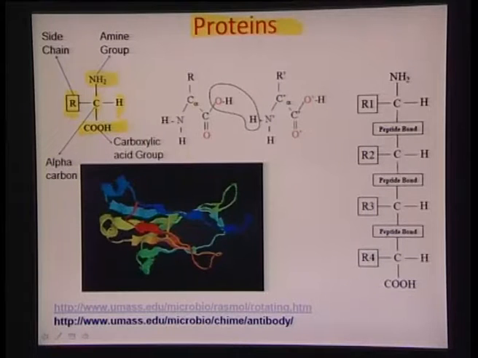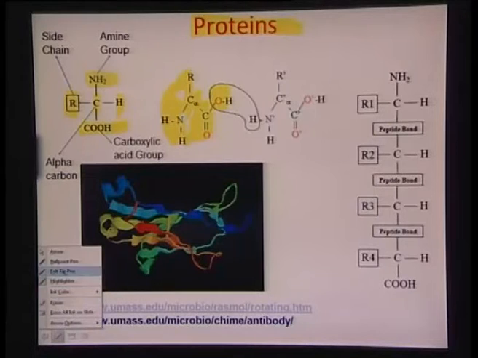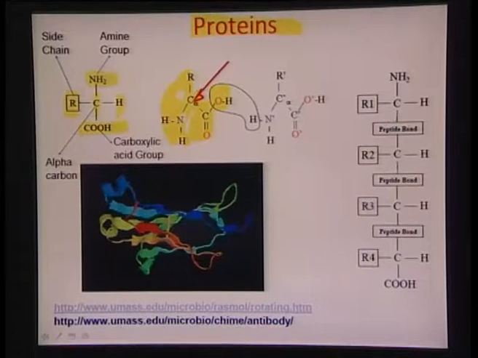Now, the way that these amino acids bond together is through amide bonds. Let us say this is one of the amino acids with the C alpha, the alpha carbon right here, and this is the amine group, and this is the carboxylic group.